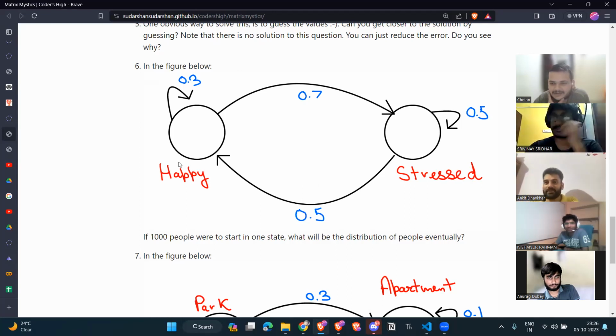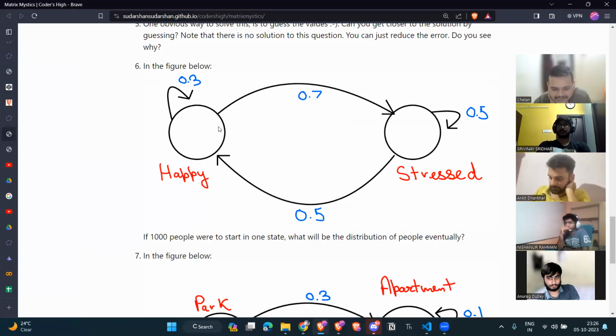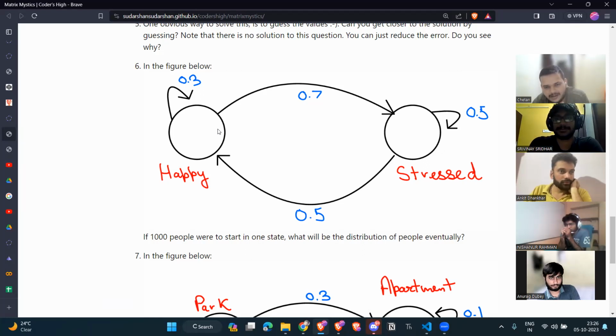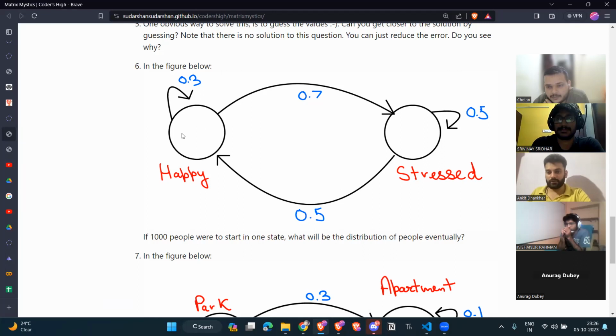We have two states, happy and stressed, and we are starting with 1,000 people. So 1,000 people will start in one of these states, either happy or stressed, and we have to find out the distribution after a number of iterations. After a while, what would the distribution look like? If you have 1,000 people in the happy state in the beginning, in the next step you have 300 people as happy and 700 people as stressed.